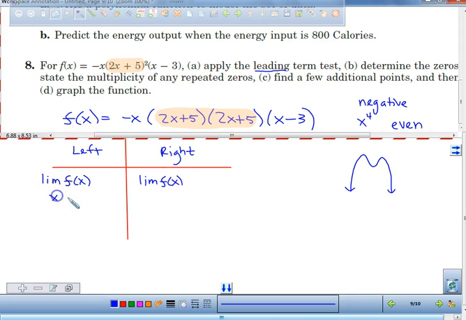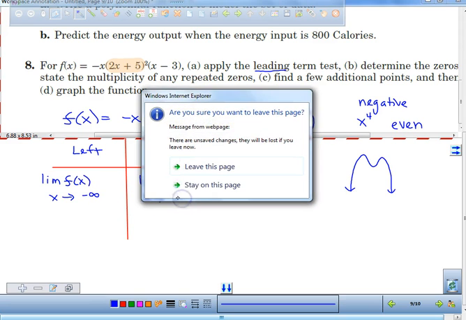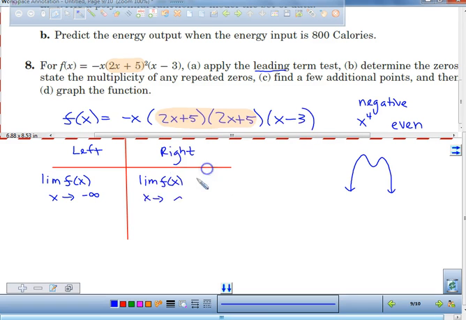What does x always approach going to the left? Negative infinity. And what does x always approach on the right-hand behavior? Positive infinity.